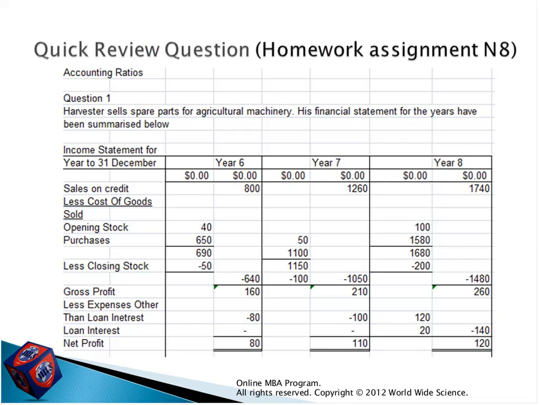Let me see what questions we have. Some questions are about equity, net worth, which I have already explained.